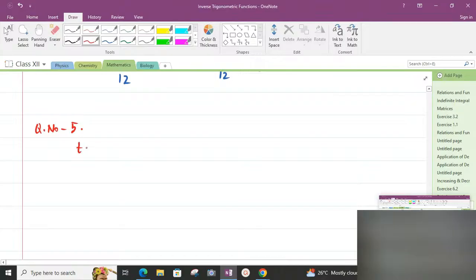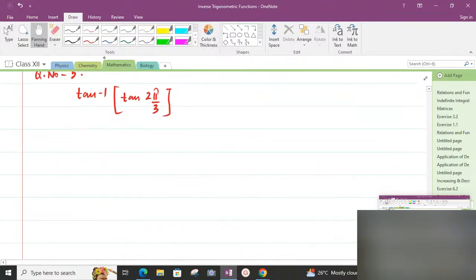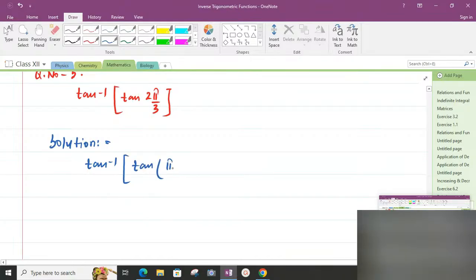Tan inverse tan 2 pi by 3. So let's see the solution. Tan inverse, and here will be tan, pi minus pi by 3.